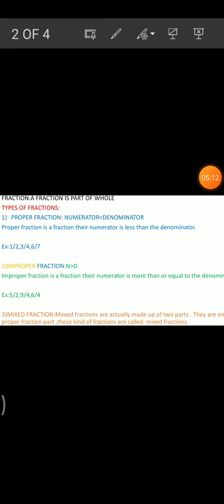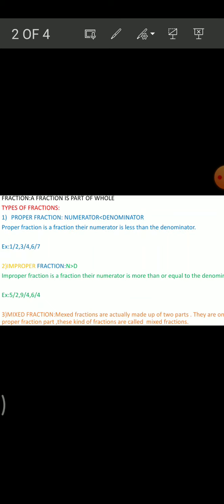Now coming to the next topic, fractions. Already we learned the definition, but once again, a fraction is a part of a whole, and we discussed the types of fractions: proper fraction and improper fraction. Now let us see the definitions.